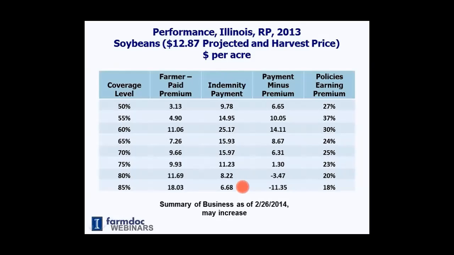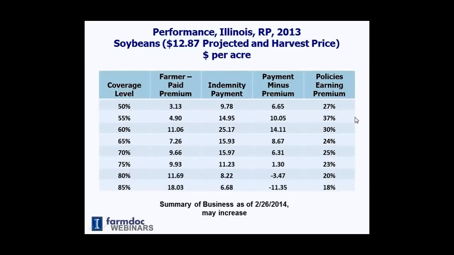Again, last year in soybeans we have a $12.87 projected price, $12.87 harvest price. So we didn't see any change in the projected and harvest price, and in fact, same harvest price as projected price. You couldn't do that if you tried. So last year, minus $11 difference between payment minus premium, and 18% of the policies earn premiums.